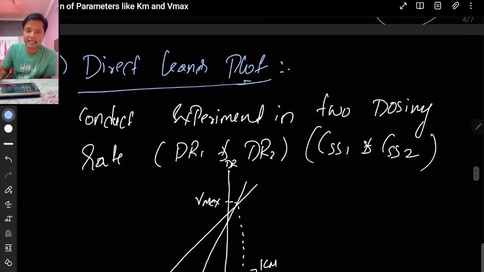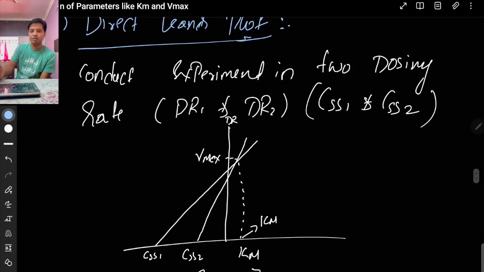Next is the direct linear plot. To plot this graph, you need to conduct the experiment with two doses. Conduct the experiment, achieving steady state in the specimen by administering two different doses.